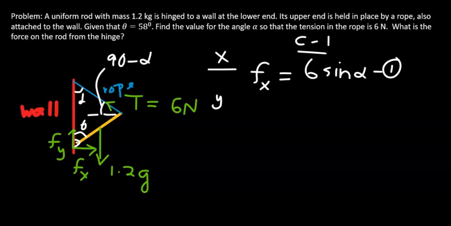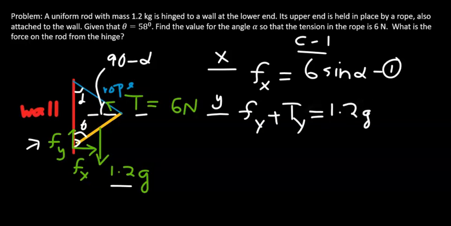Now let's do the same for the y component. How many forces are there? There is this F sub y which is pointing up, the weight 1.2 g pointing down, and the y component of the tension which is also pointing up. So we can write F sub y plus the y component of the tension, both of which are pointing up, equals the weight which is 1.2 g.